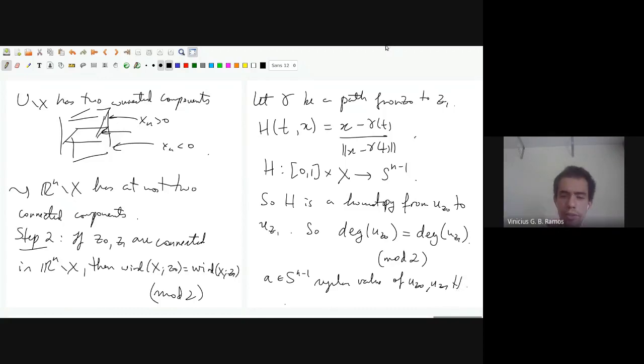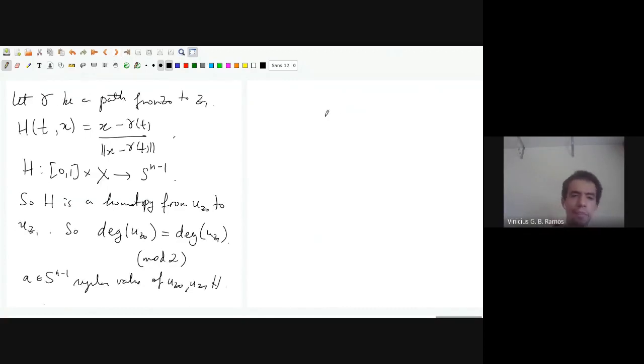So you can choose a common regular value, and then the pre-image of A is a compact one-manifold.